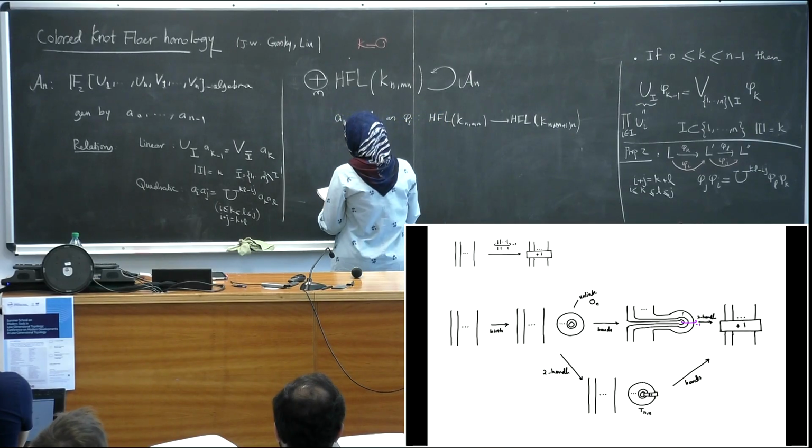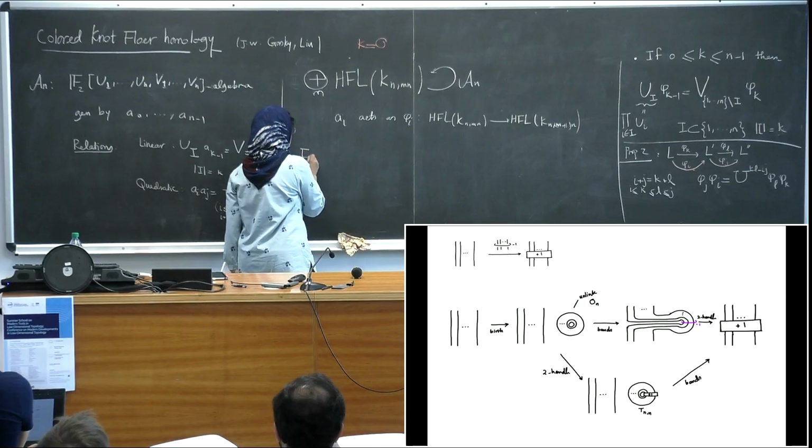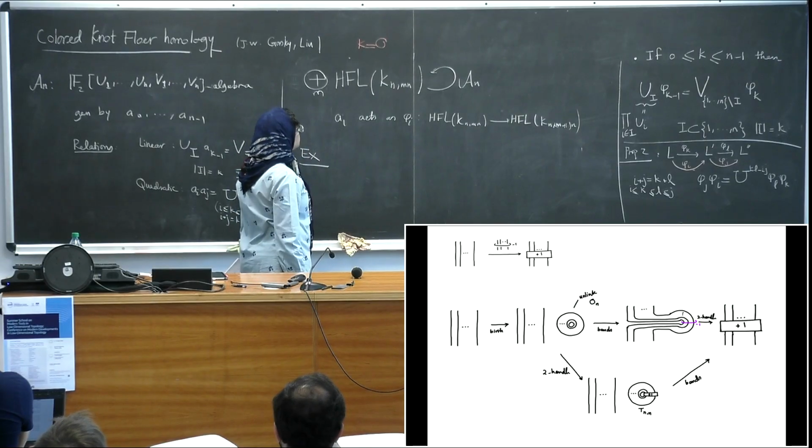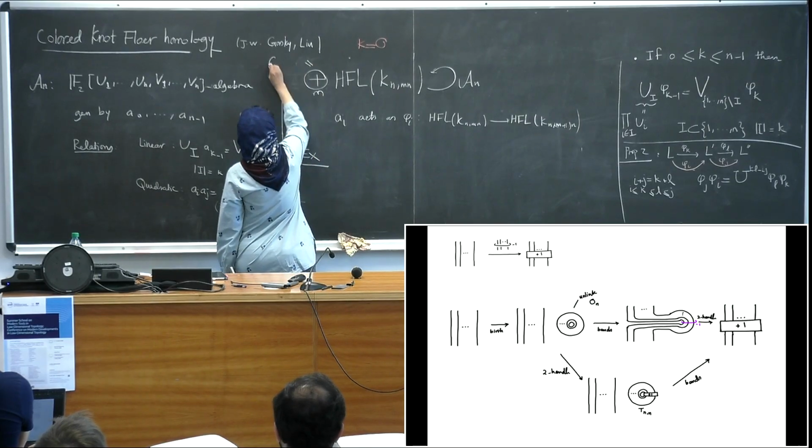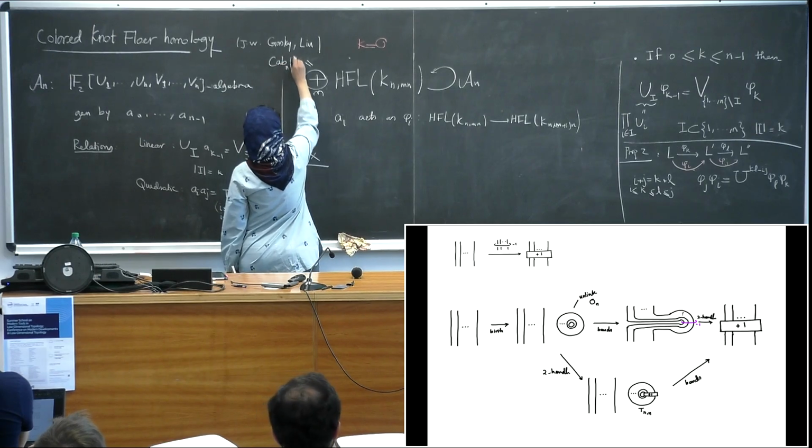Great, but let's have an example. I'm going to call this C_{a,b,n} of k.